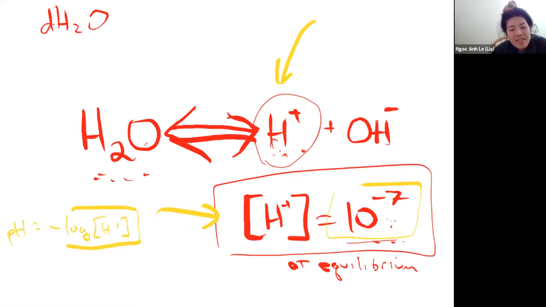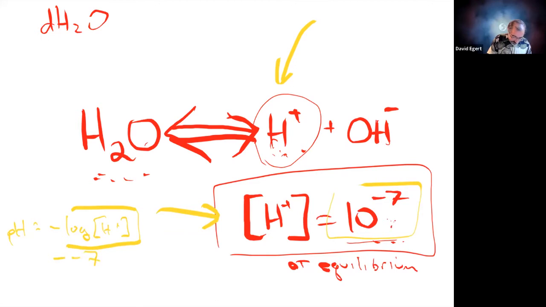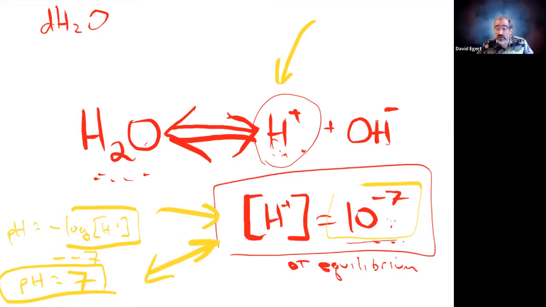Exactly, 7. So the pH of this is 7. So this is kind of our neutral water, just the water at rest. There's a small amount that has broken apart. The concentration of the H plus is 10 to the minus 7, so it makes the pH 7. That's what we call neutral.